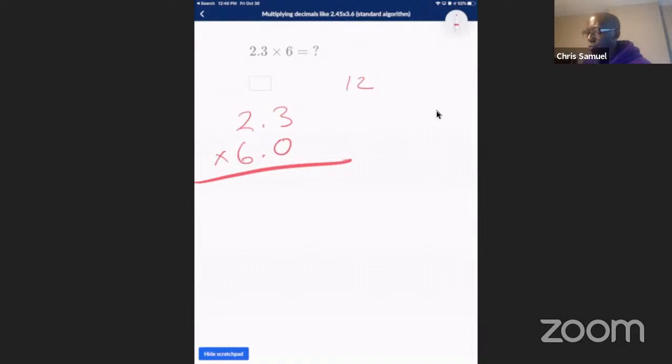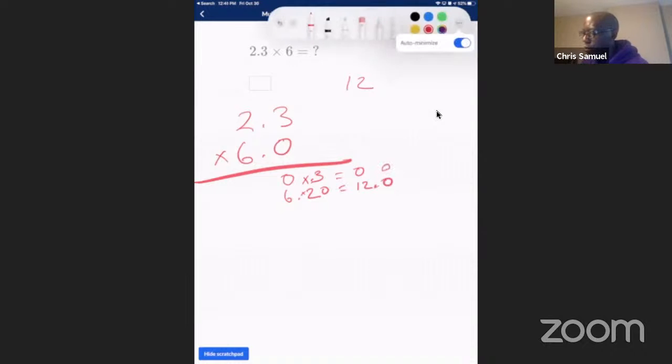So what we can do first is, I'll just go ahead and start doing the math. We have 0 times 0.3, which is 0. And then we have 6 times 2.0 is 12.0. Make sure we know these zeros are underneath there.